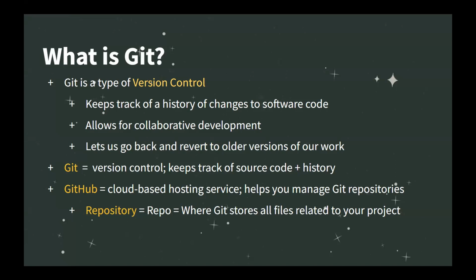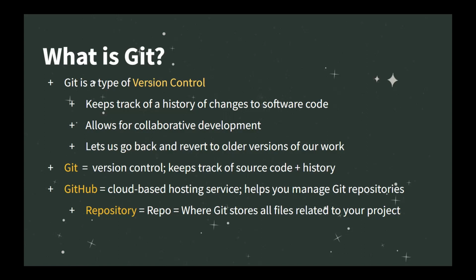It has all the code in a separate source, so if you lost your laptop, your entire project isn't lost. You can go to a different local machine and download it. So Git is version control, keeping track of source code and history.